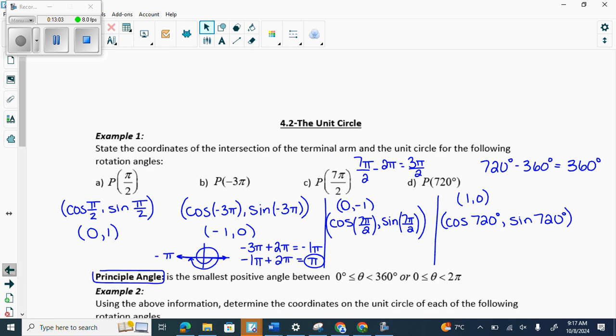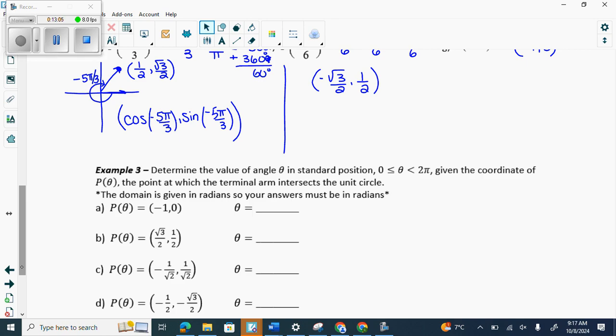So going back, picking up a pencil, we're going to go back down to here. It says determine the value of theta in standard position given the coordinate, the point at which the terminal arm intersects. So we're going to have to now give this the theta, but why is this a point on the unit circle? How do we know that? Well, we could prove it by going x squared plus y squared equals 1.